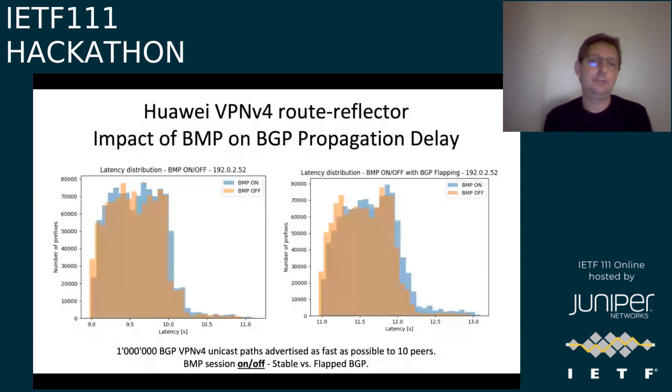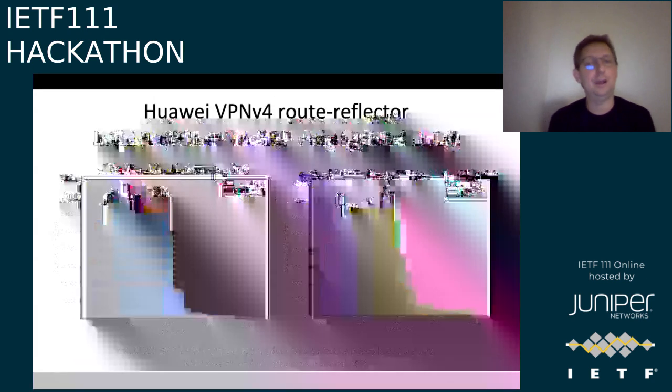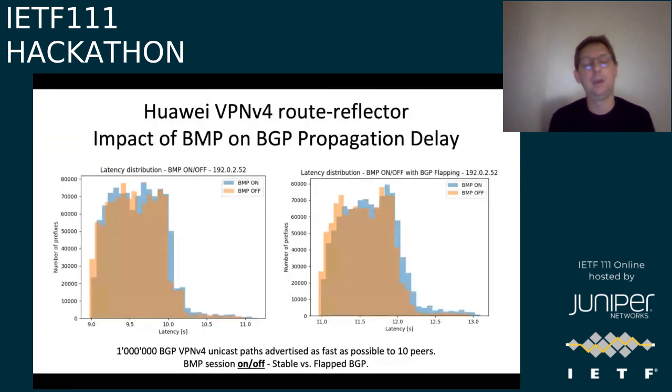So here, just a comparison. On the left side, on the central route reflector, BMP is either turned on or turned off. You see a slight difference in the BGP propagation delay. The scale is how many prefixes per second are being propagated across the network.